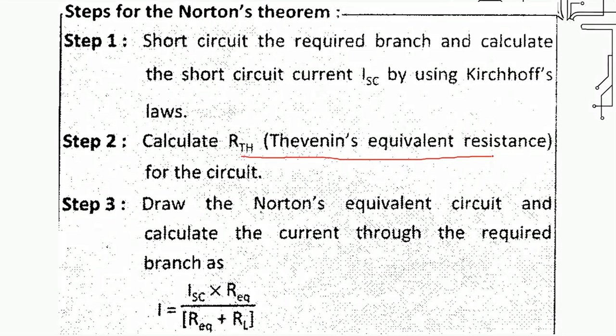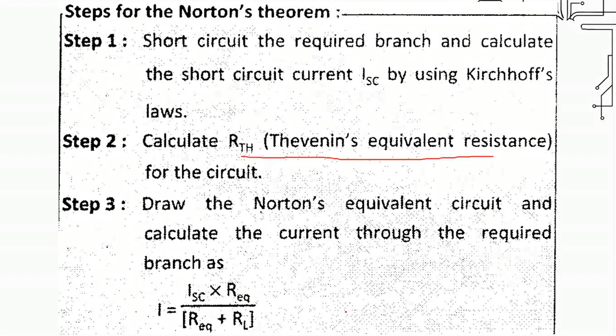Okay, so we have short circuited the required branch and calculated the short circuit current. Then calculate Thevenin's equivalent resistance or Norton resistance RN, and then the third step, similar to Thevenin's theorem, we have to draw the Norton's equivalent circuit and calculate the current through the required branch by the given formula of I is equals to ISC into R equivalent divided by R equivalent plus RL, where R equivalent is nothing but your Thevenin's equivalent resistance or Norton's resistance.